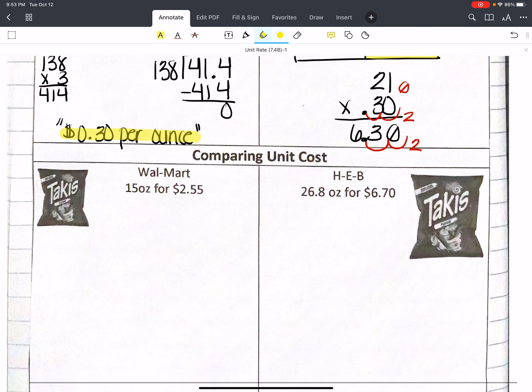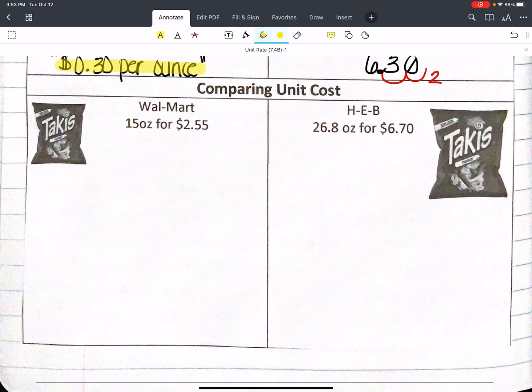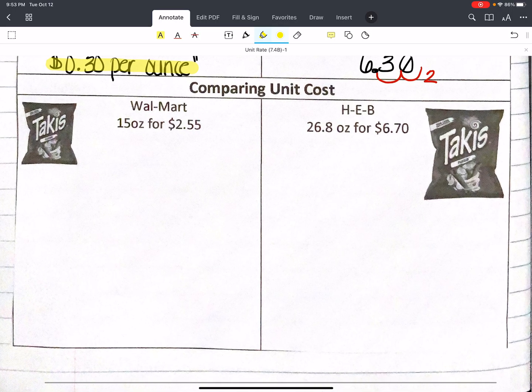Now let's look at the Takis, and we're going to compare them. Notice how for the smaller bag at Walmart, you're paying $2.55 for 15 ounces. And for the larger bag at H-E-B of 26.8 ounces, you're paying $6.70. Sometimes when we buy the bigger bag, we think we're getting the better price. But that's not always the case.